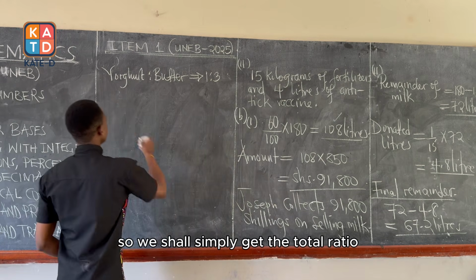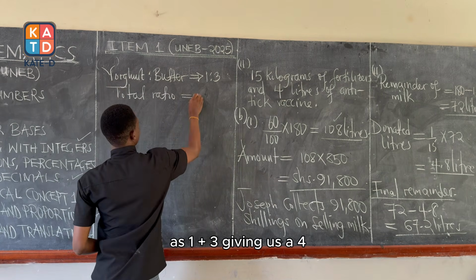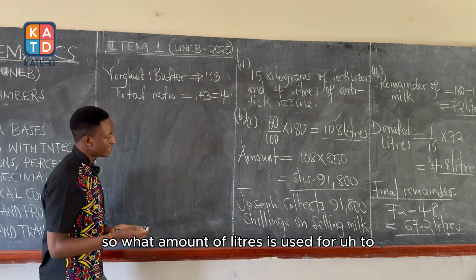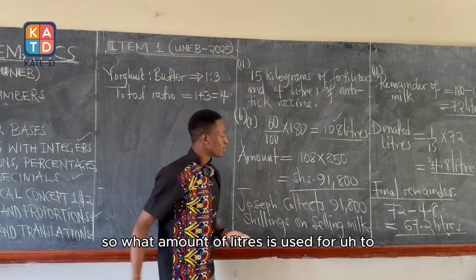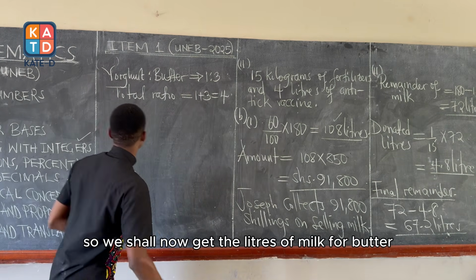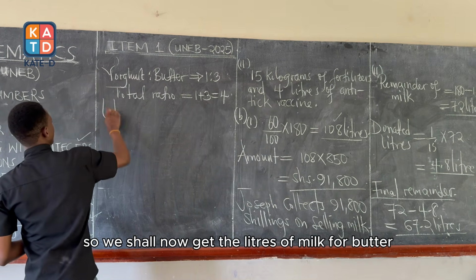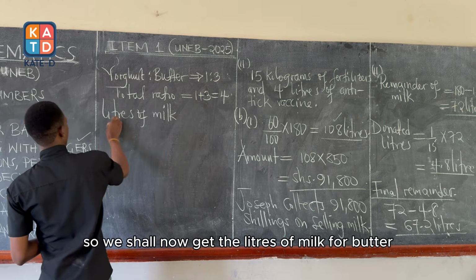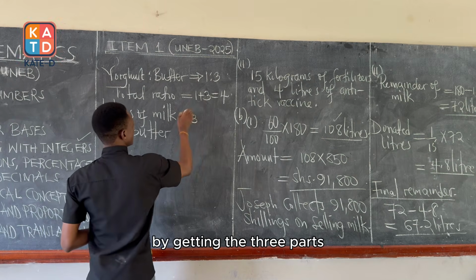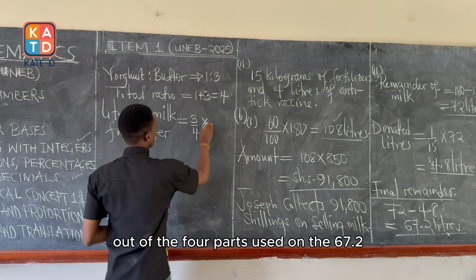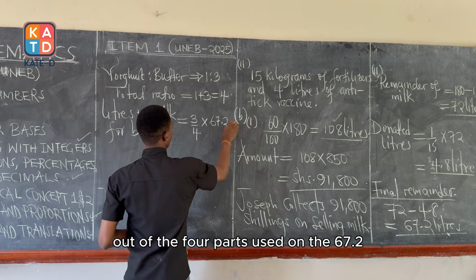But we are interested in what is used for butter. So we shall simply get the total ratio as 1 plus 3 giving us a 4. So what amount of liters is used for making butter? So we shall now get the liters of milk for butter by getting the 3 parts out of the 4 parts used on the 67.2.